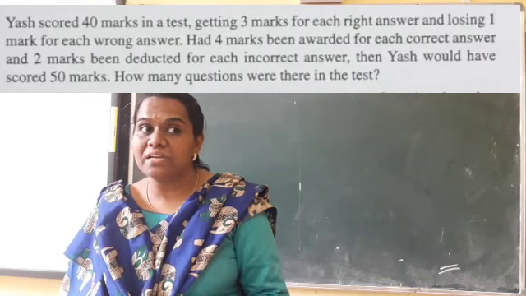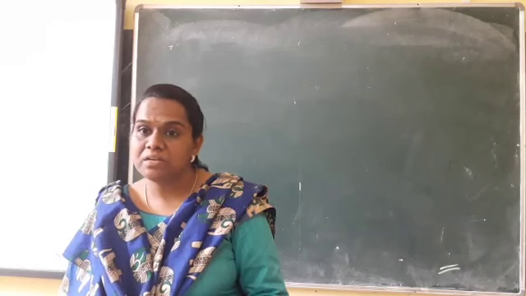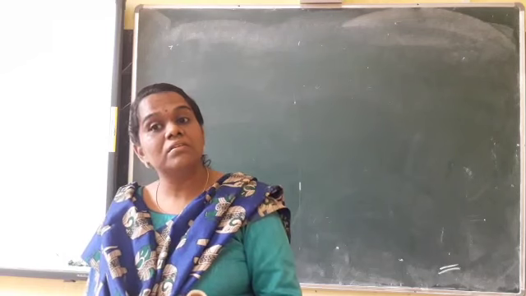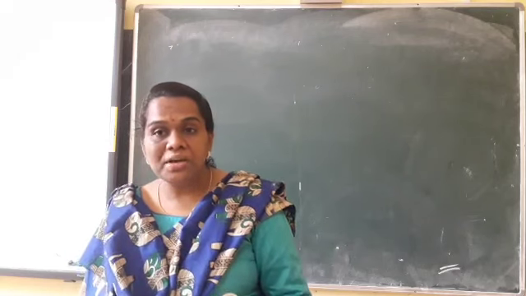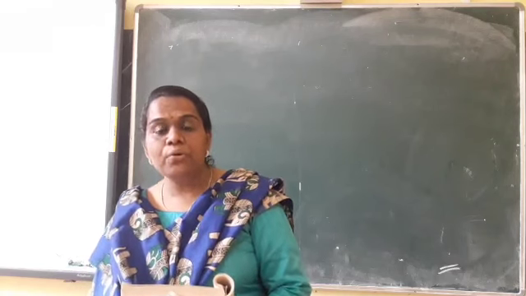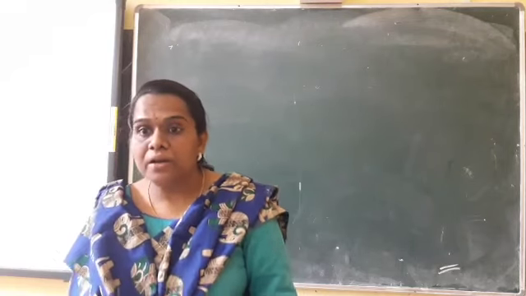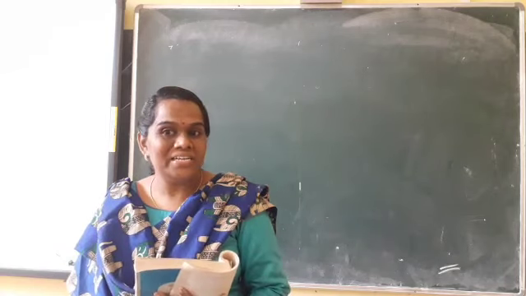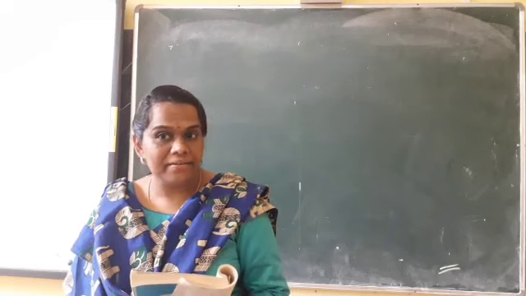If he gets 1 correct answer, 3 marks. If he gets 2 correct answers, 2 into 3, 6. And if he makes 1 mistake, how many marks does he lose? 1 mark. So minus 1 mark is awarded for a wrong answer and plus 3 marks for a correct answer. Is it clear?